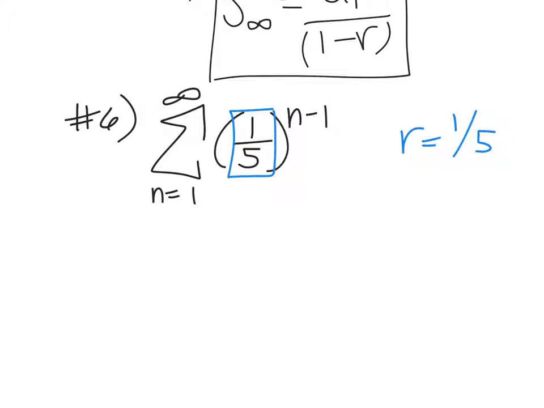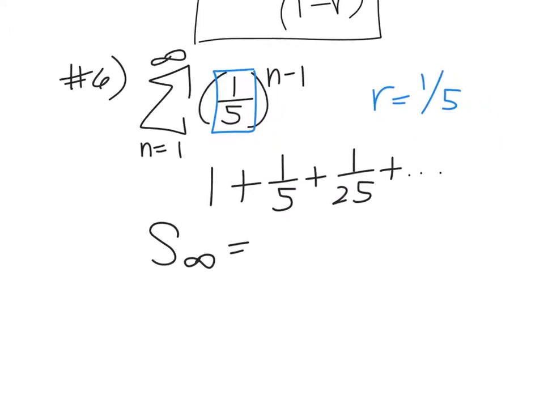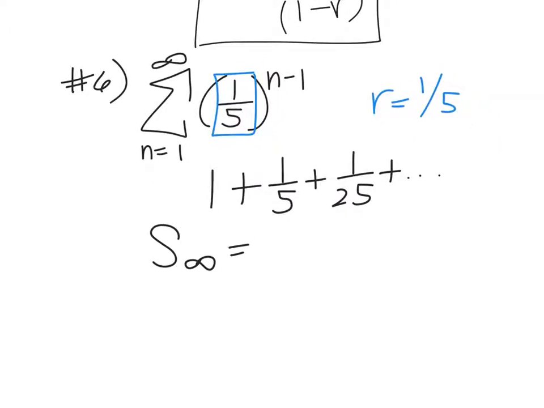Now, take a look at what these numbers look like. If I plug in 1, I get (1/5) to the 0 power, which is 1. If I plug in 2, then I get 1/5. We're multiplying by 1/5 every single time, so these numbers are getting smaller and smaller. So the sum of the infinite amount of numbers would equal, using this formula, a sub 1 over 1 minus r.